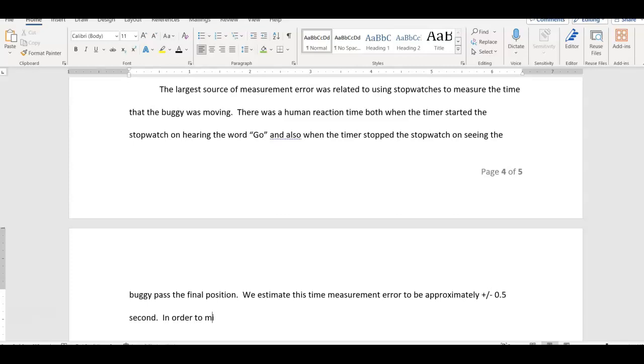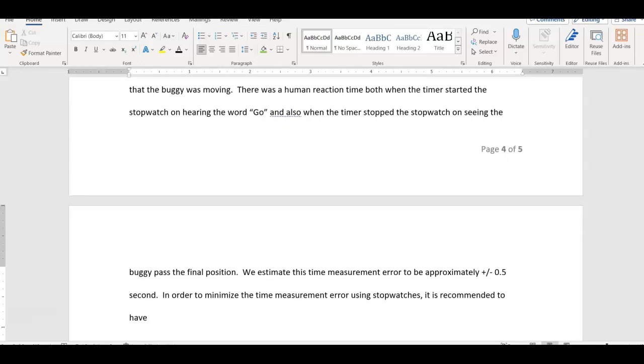in order to minimize the time measurement error using stopwatches, it is recommended to have at least 2 timers and to conduct a larger number of trials.